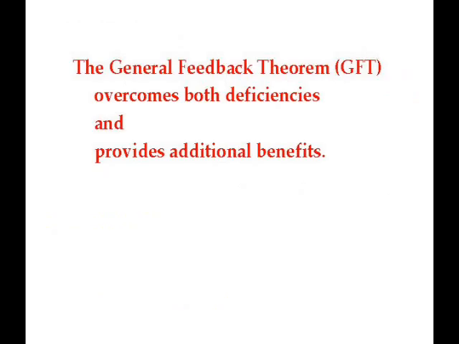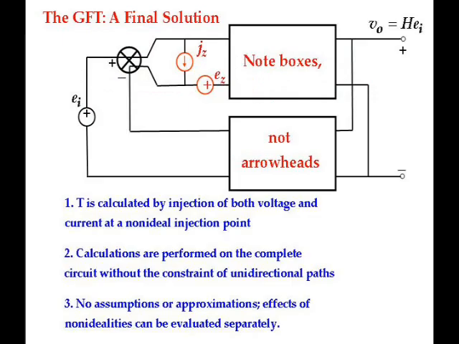The General Feedback Theorem overcomes both deficiencies and provides additional benefits. One, the loop gain T is calculated by injection of both voltage and current test signals at a non-ideal injection point. Two, calculations are performed on the complete circuit model without the constraint of unidirectional paths.